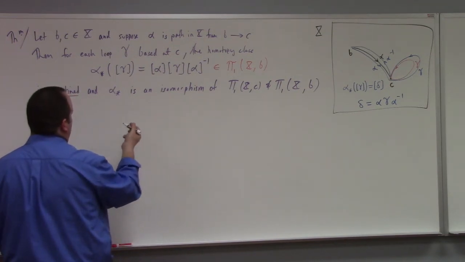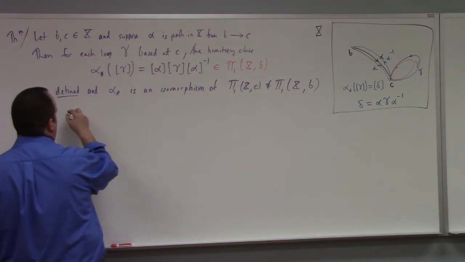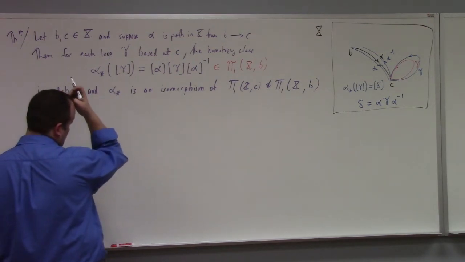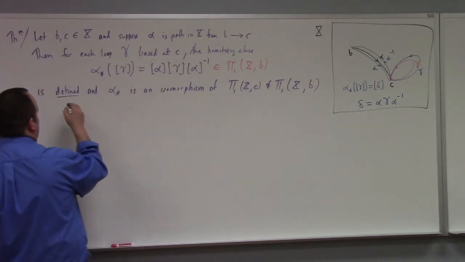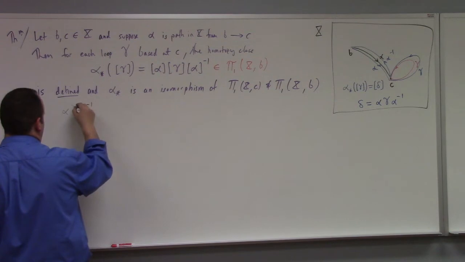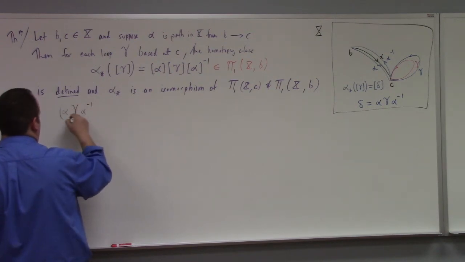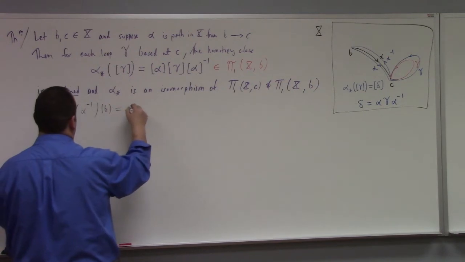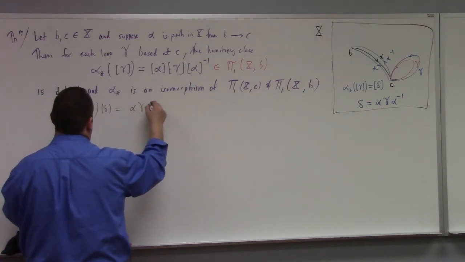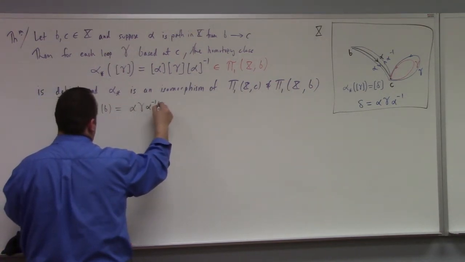Does that make sense? If I look at alpha, gamma, alpha inverse, of B, where do I go? What's alpha inverse of B?